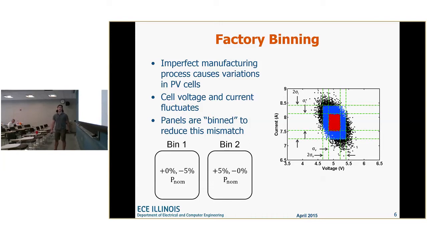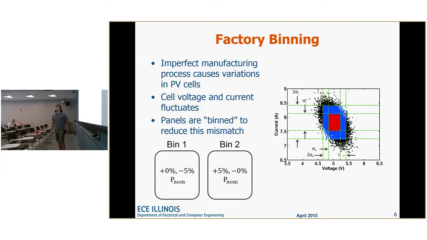The way manufacturers deal with this is they bin their panels, generally based on the power output of the panel. As the panel comes off the line, they measure the maximum power of the panel, and depending on that, they place it into a bin. The bins have a tolerance, and all panels that fit that tolerance fall into that bin. So you can choose a nominal value and then use these ranges.